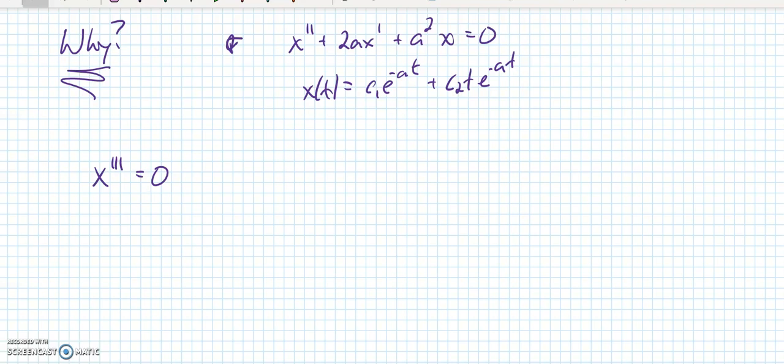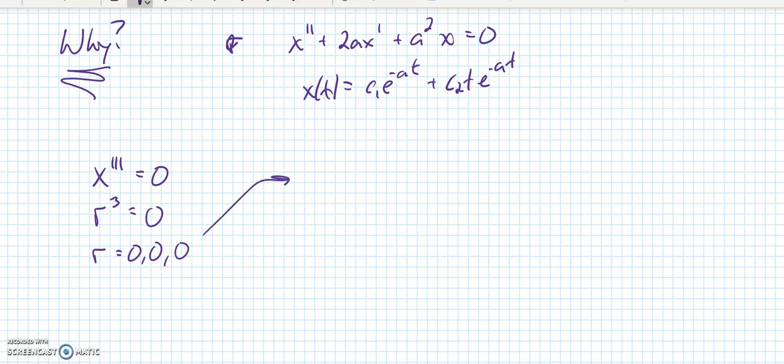But let's think about it from a characteristic equation perspective. Well, if I did my characteristic equation, I would get r cubed for the x triple prime, and then it would be equal to 0. Well, what is the root? Well, that gives me r equals 0, 0, 0. So notice this thing has a repeated root of 0, and it's repeated 3 times.